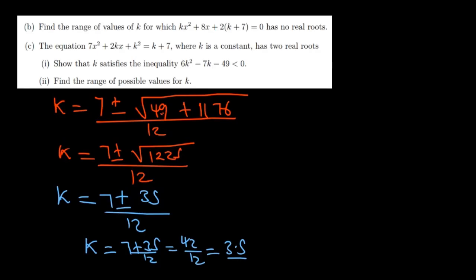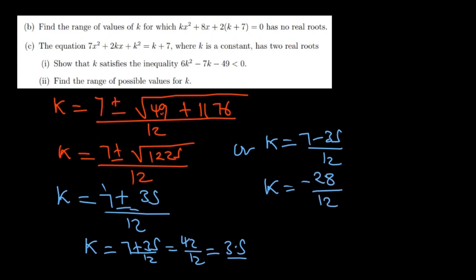And then my second value: k is equal to 7, and now we take the minus, where before we had the plus. So it will be 7 minus 35 divided by 12. It means we have minus 28 divided by 12. So what is minus 28 divided by 12?